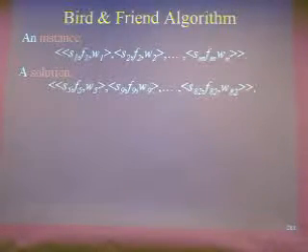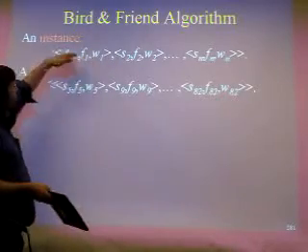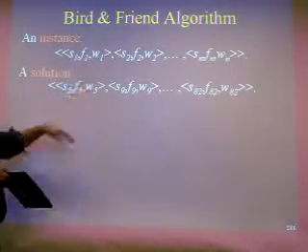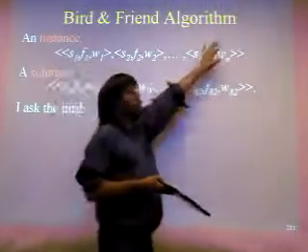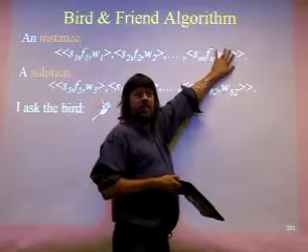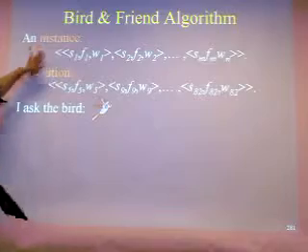All right, so now we want to do this bird and friend thing again, right? We have an instance here. The bird has a solution. We ask the bird, should we take the last object or not? Should we schedule it or not? It could be the first one, whatever.